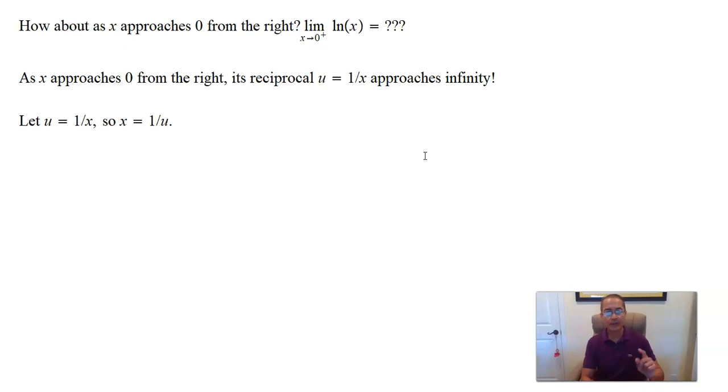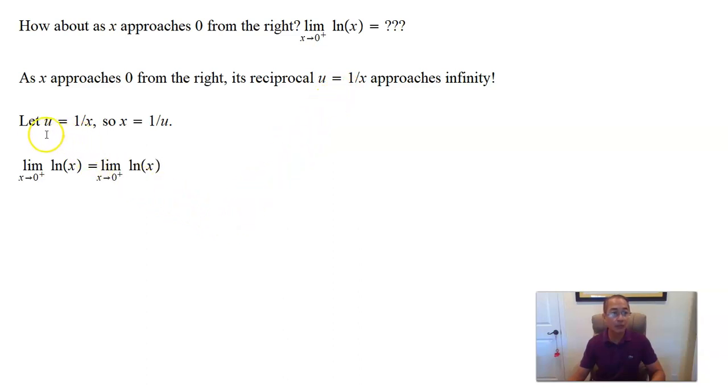We are not going to do a derivative though. We are going to find a limit. So we're going to start changing. As x approaches 0 from the right, we said that 1 over x is approaching infinity.